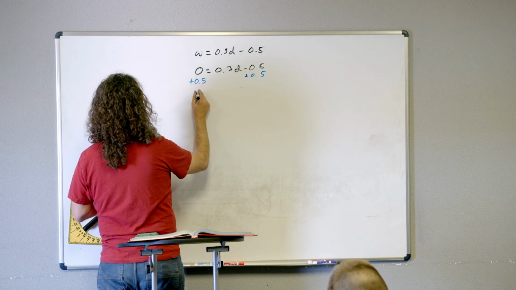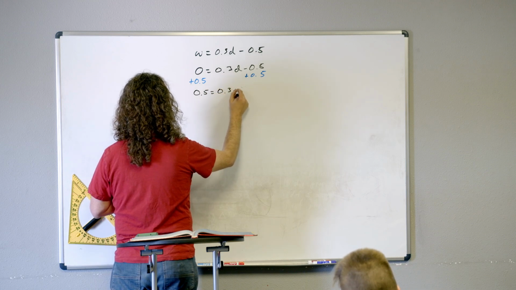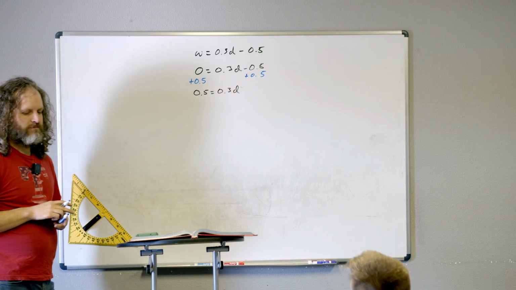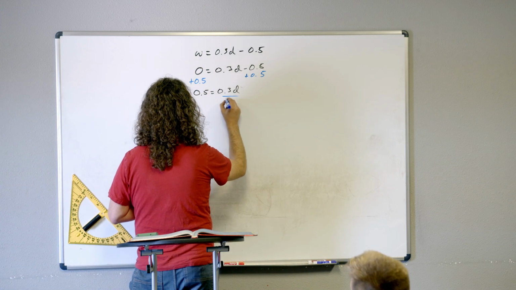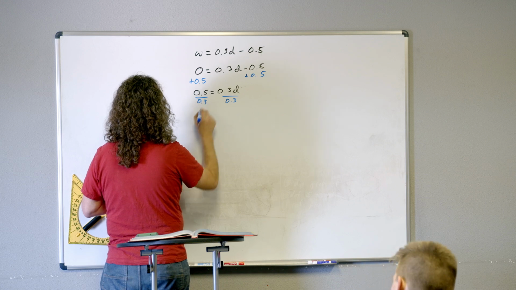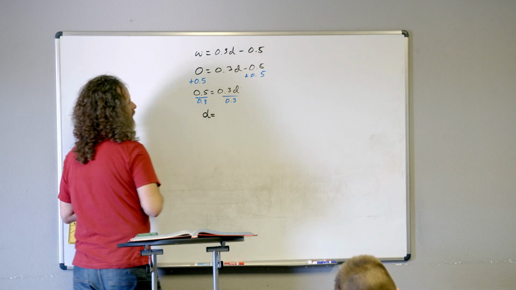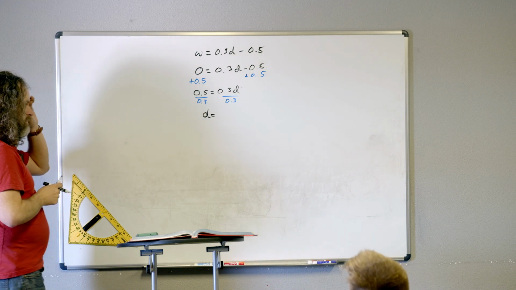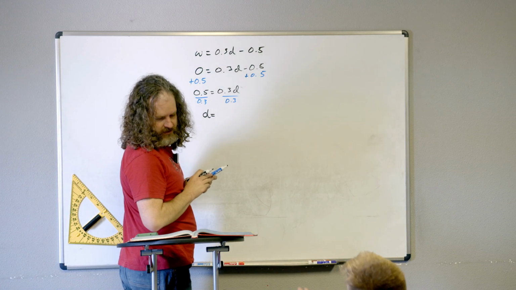Then we've got 0.5 equals 0.3D. Now what do we do? And we end up with D equals what? 1.67.